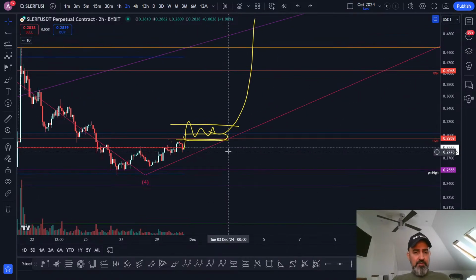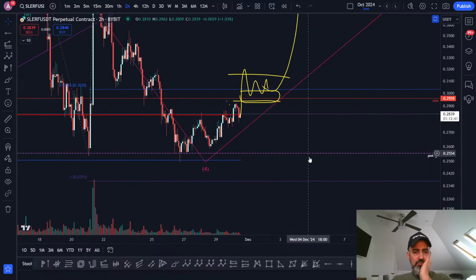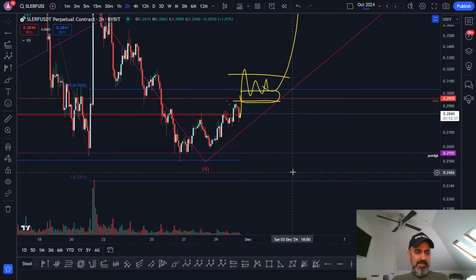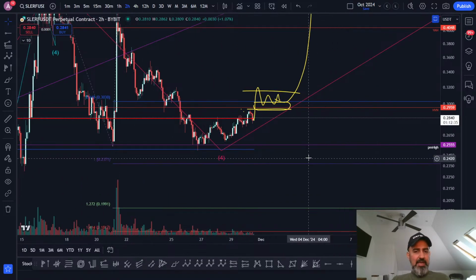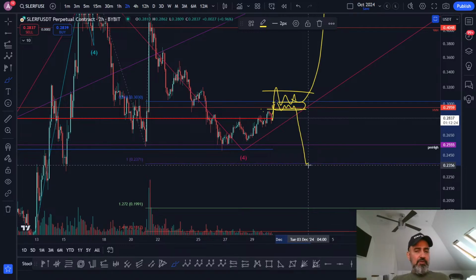Otherwise I actually wouldn't mind seeing another attack of the lows, and maybe even shaking some people out at this 1-to-1. Okay, a shakeout, struggling to get above that area and heading down to here for a shakeout, right back up, and then we start to impulse.